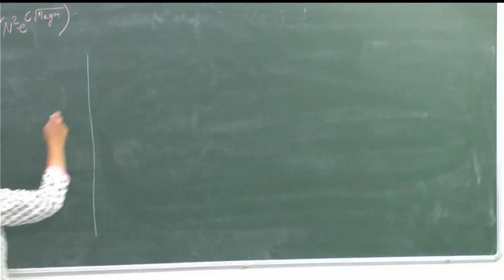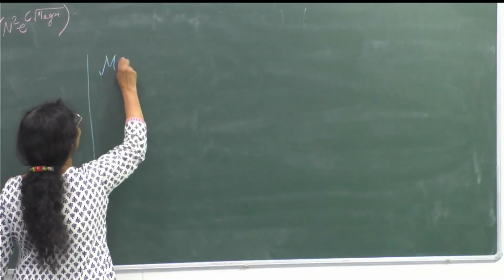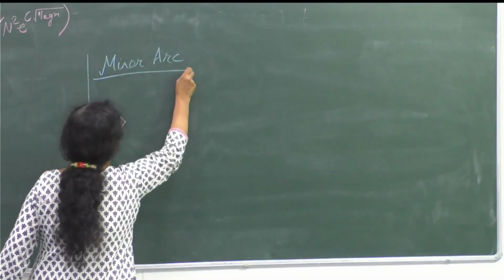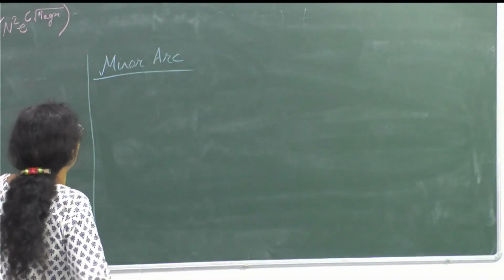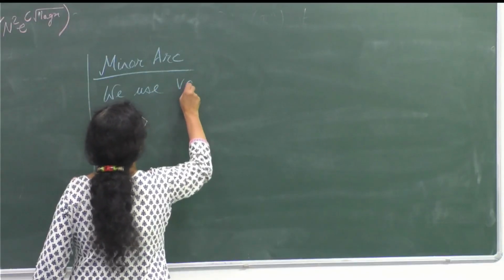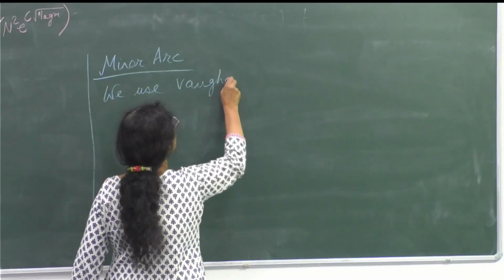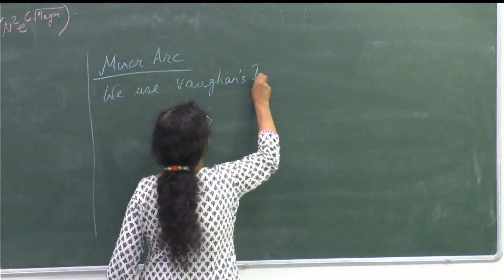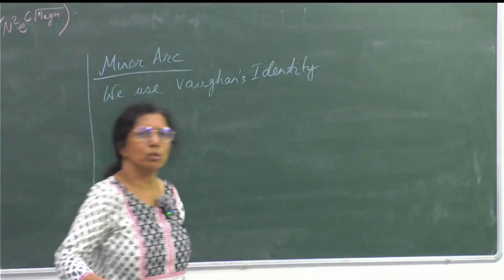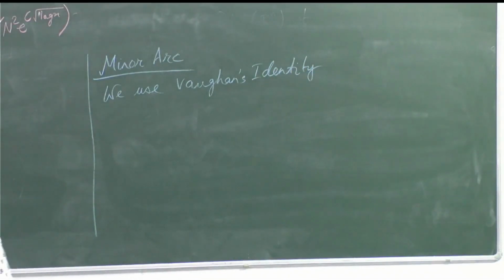So with minor arcs, we use Vaughan's identity. Same Vaughan who wrote Montgomery and Vaughan. Okay. I suppose he's still alive. Yes, he is.